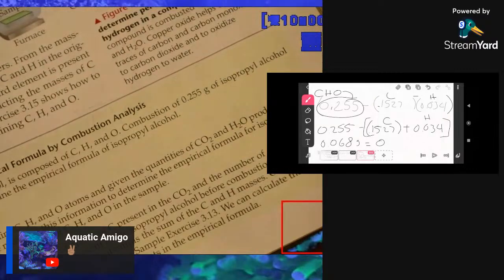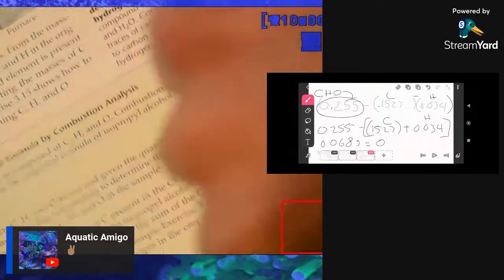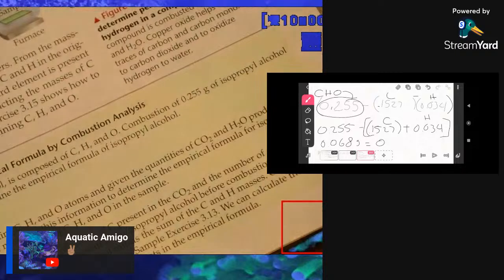All right, so we got the oxygen, and we got the carbon, and we got the hydrogen. See that? Now, let me rewrite everything. So, carbon, C, is equal to 0.1527.